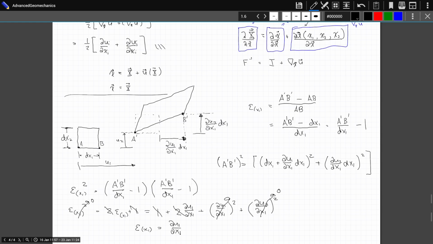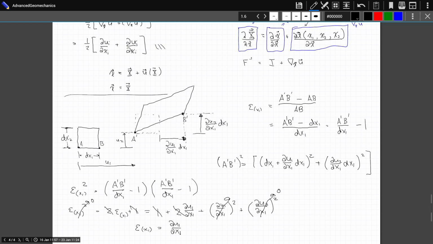So, how much does AB shear, like move in the U2 direction with respect to change in U1 or change in X1, and you could work out through geometry all of the other components. Okay, I'm not going to do that because it would take up two more pages, right?